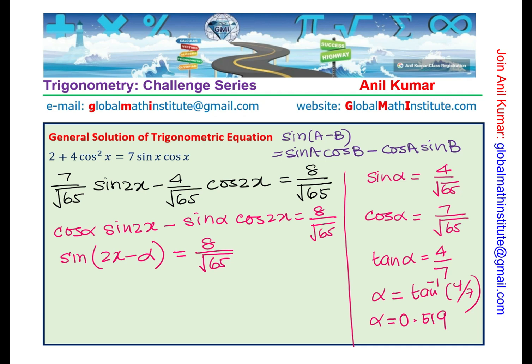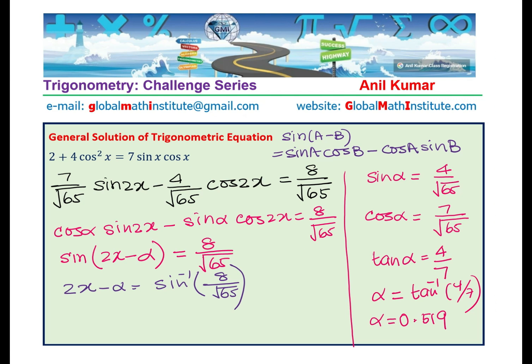So from this equation, we can say what is 2x minus alpha? It is sine inverse of 8 over square root of 65, which is now a positive value, correct? Since it is a positive value, we expect two answers for that, one in quadrant 1 and the other one in quadrant 2, right?